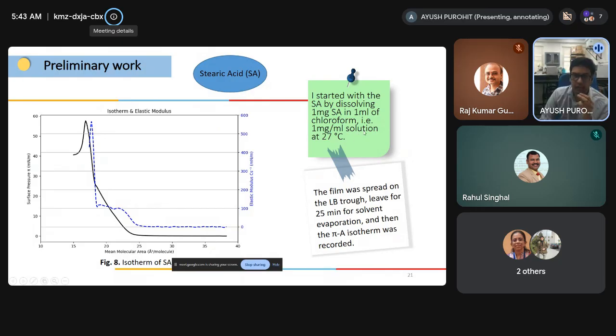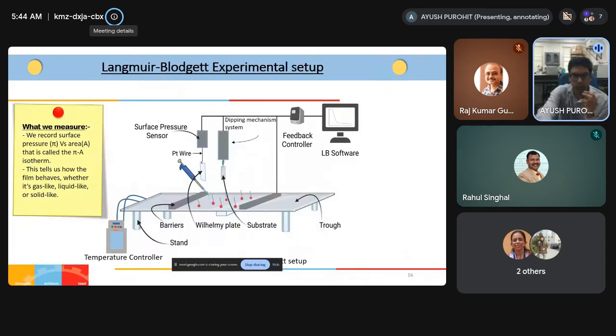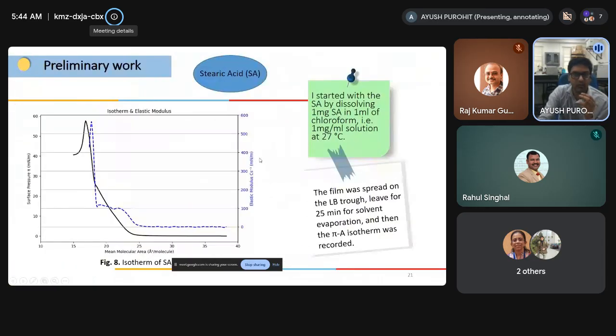The resulting solution is 1 mg per ml. Then we sonicate that solution with an ultrasonication machine, and then we spread that solution onto this trough, and we leave the trough for evaporation of chloroform for 25 to 30 minutes.